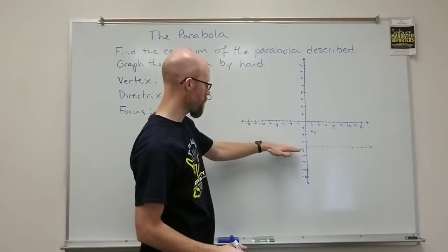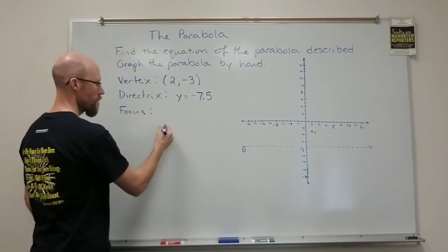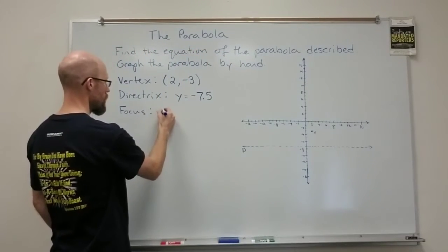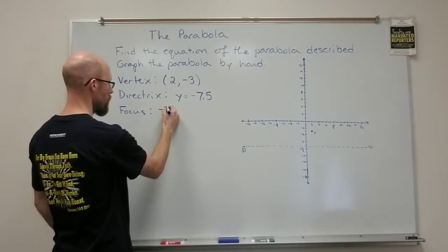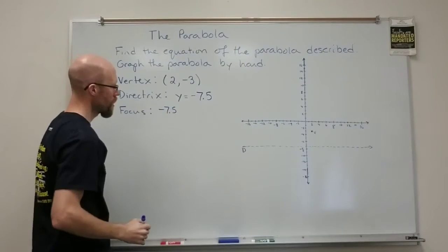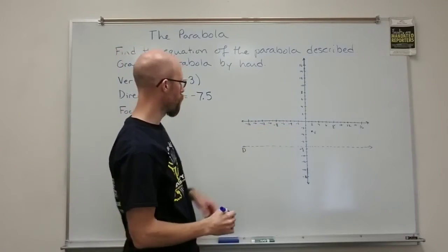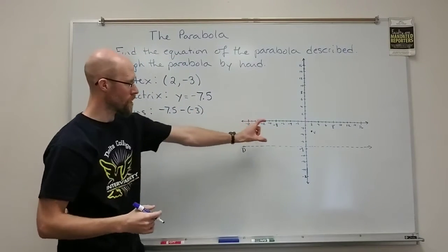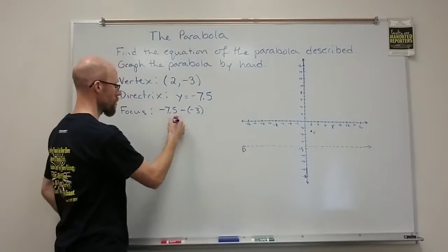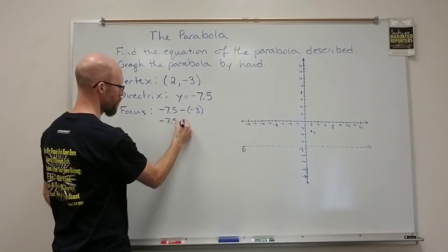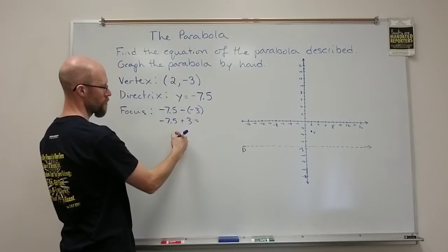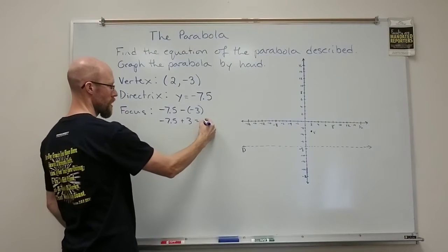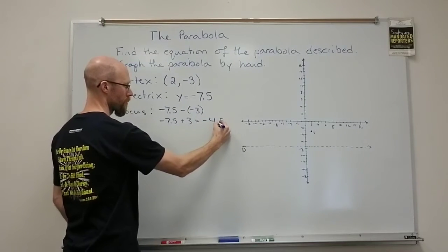Okay, drop that just a smidge. And so the y value on the directrix is -7.5, and if I subtract the y value of the vertex, that's going to give me the distance between them, which in this case, -7.5 plus 3, when I get the double negative taken care of, is -4.5.